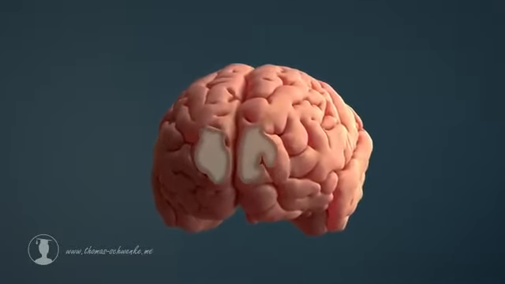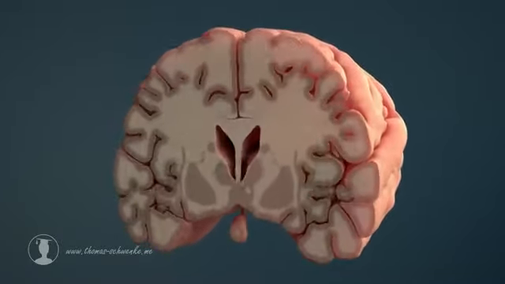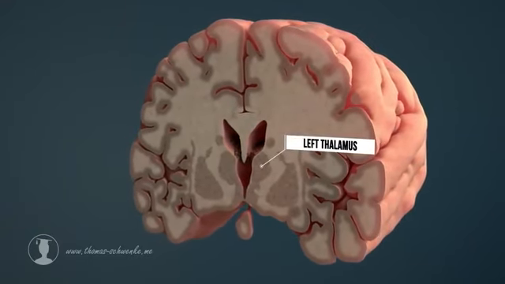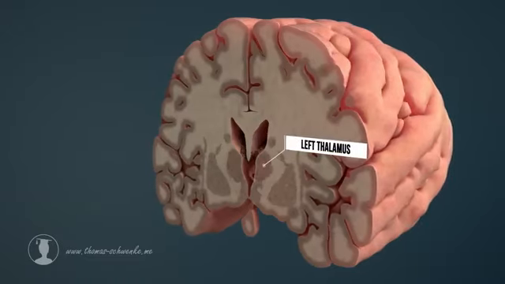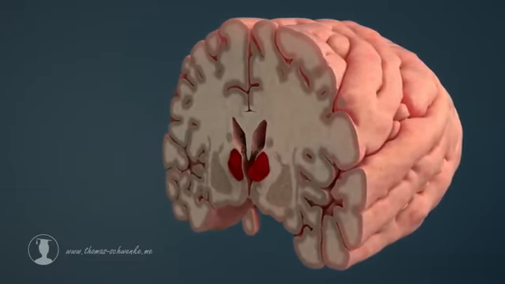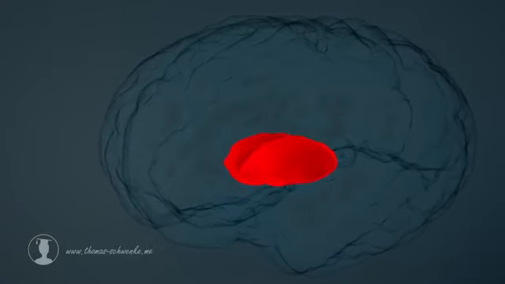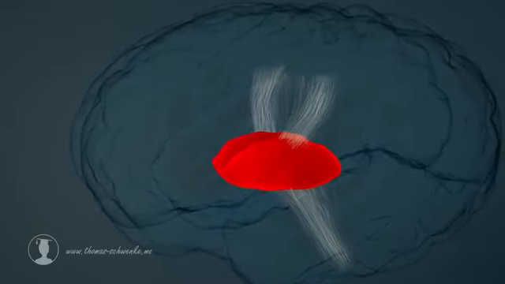The thalamus is an extremely important area, which is also known as the gateway to consciousness and is part of the diencephalon. All sensory perceptions, with the exception of the sense of smell, are processed and filtered by the thalamus before they reach the cerebral cortex. For this reason, we only perceive a few of the numerous sensory stimuli.